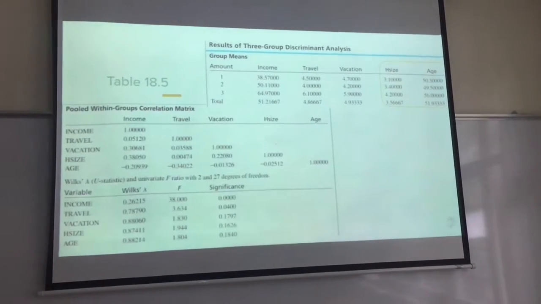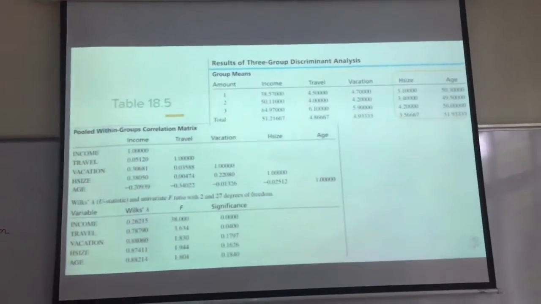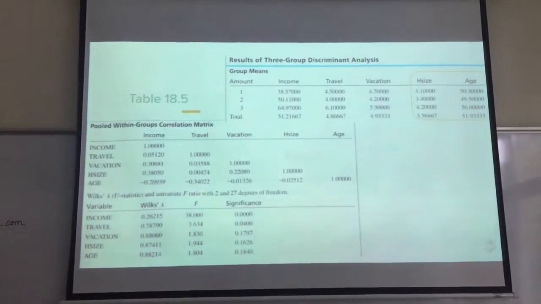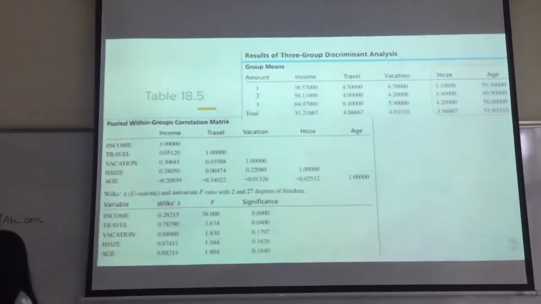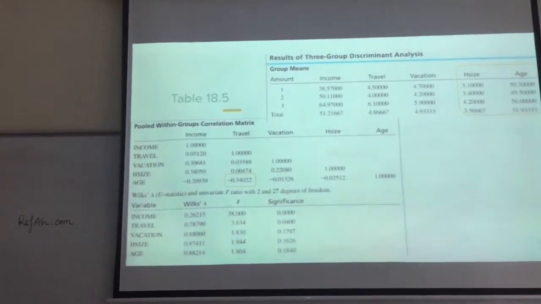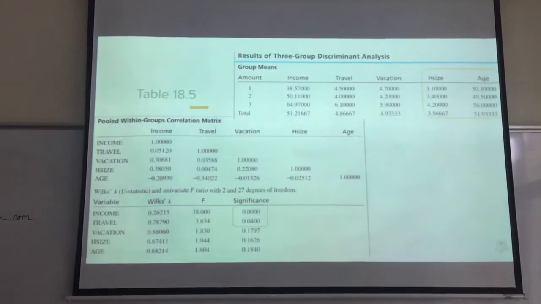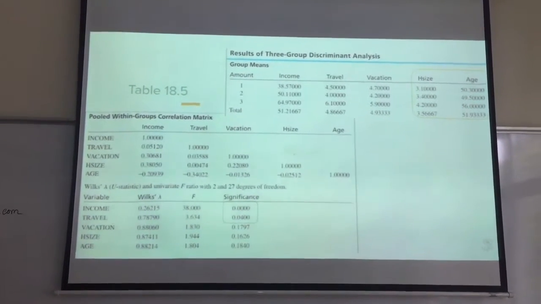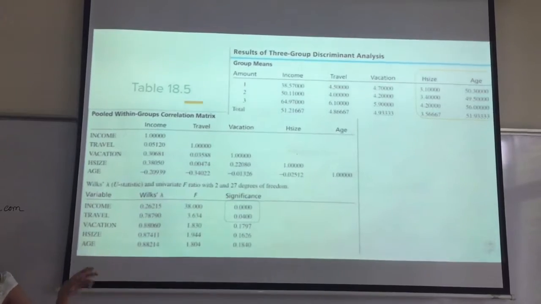And the pooled within groups correlation matrix indicates some correlation of vacation and household size with the income, as you can see here. And the age has some negative correlation with travel. And income and travel are significant in differentiating between the 2 groups. As you can see, the significance is lower than 0.05, which is good enough.